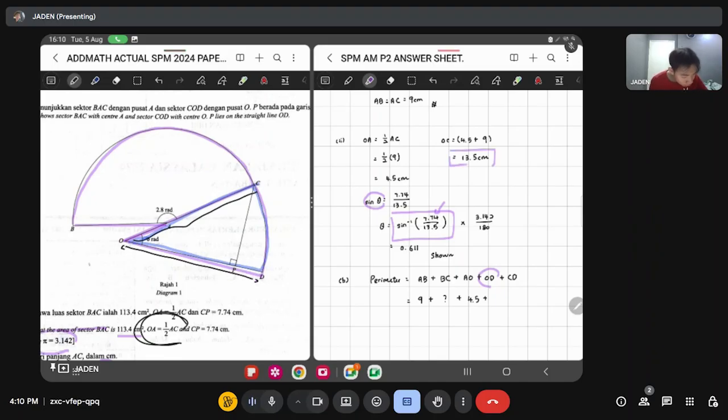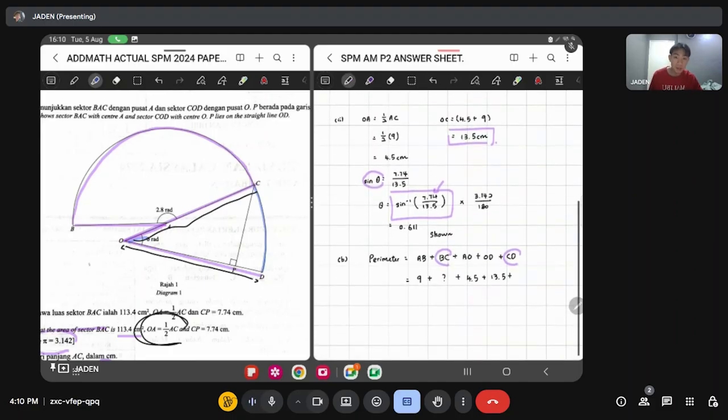Here, that you just got it, 13.5. Okay, so OD is 13.5, and CD is not given, because CD is actually the arc of the sector COD. So that means we have to work on the arc length of the BC and the CD.